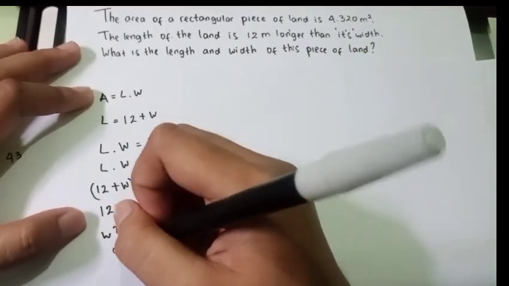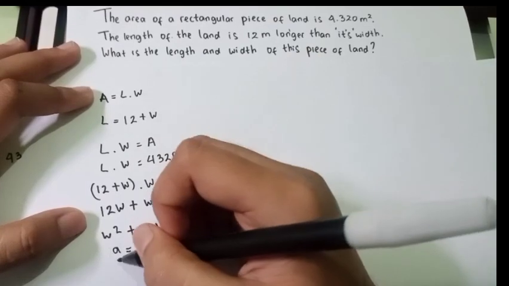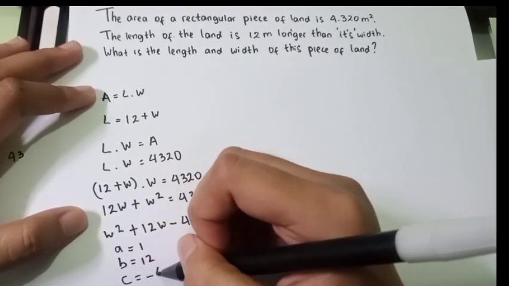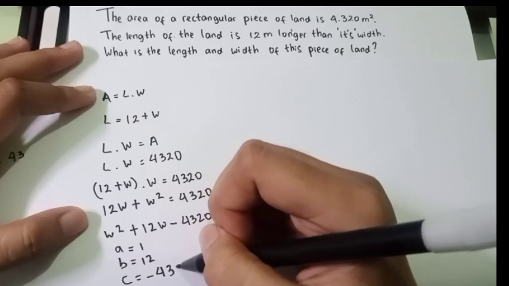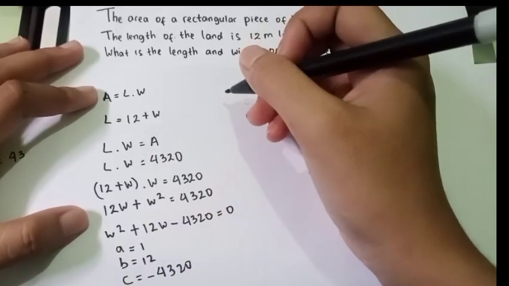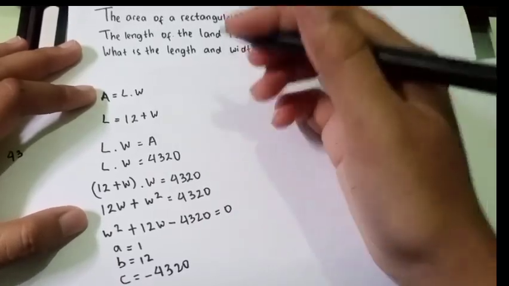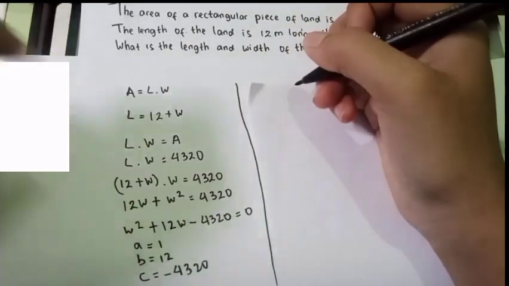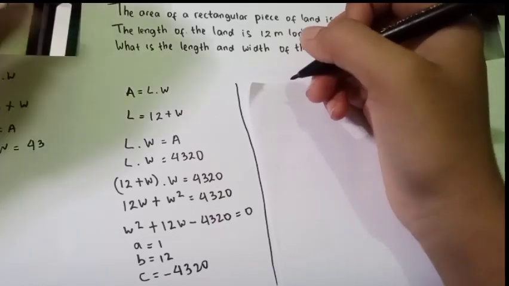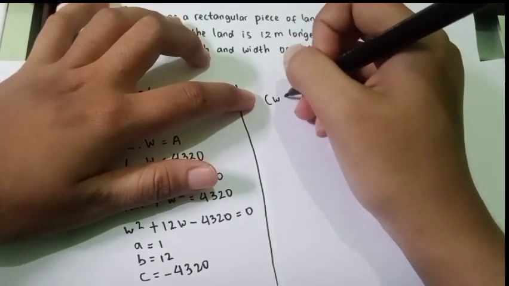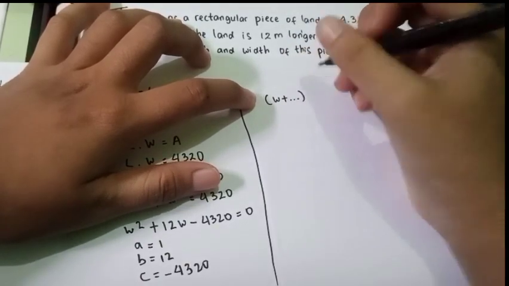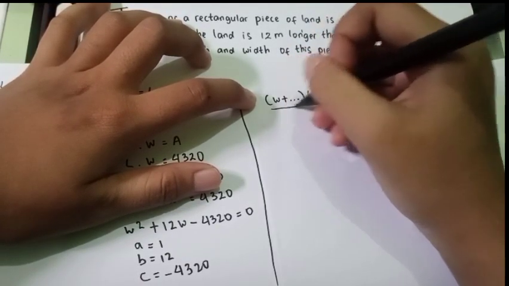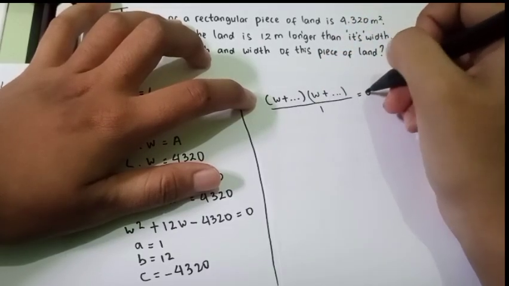Obtain a equals 1, b is 12, and c is minus 4,320. Next, we use the factor or direct method, becoming (width plus a number) times (width plus a number) divided by 1 equals 0.